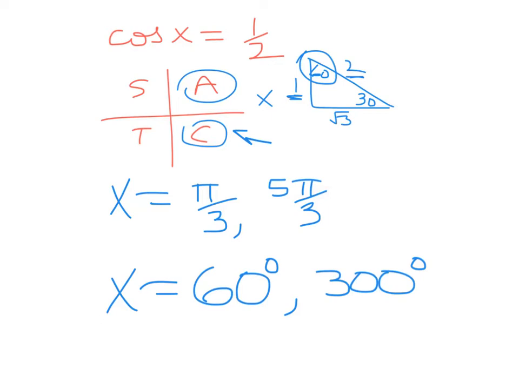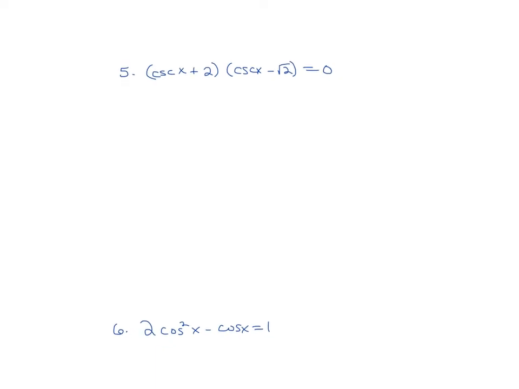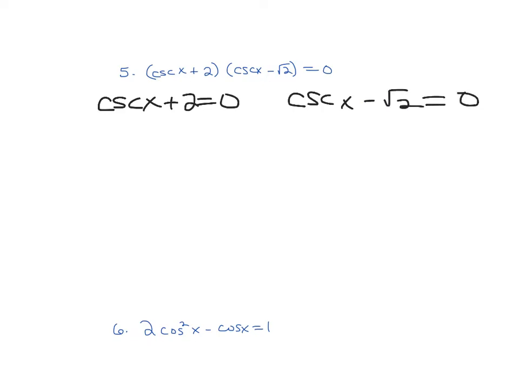The next one, number 5, is already factored for you. So all you need to do is set each of the factors equal to 0. So cosecant x plus 2 equals 0, and cosecant x minus root 2 equals 0.